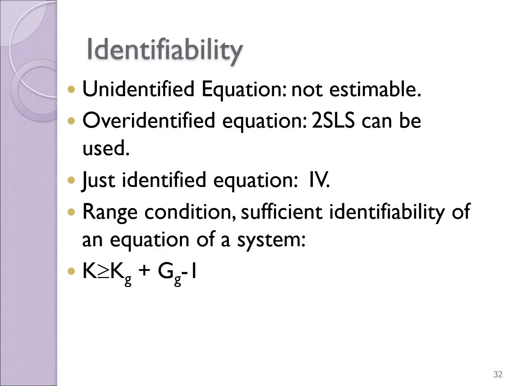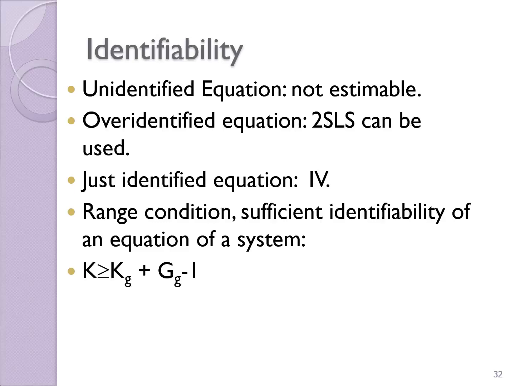If it is over-identified, then you have to estimate using two-stage least squares, no problem. If it's unidentified, it is not estimable, and what you have to do is to specify the equation in order to use, in this case, more instrumental variables. So basically we don't have a big problem here.